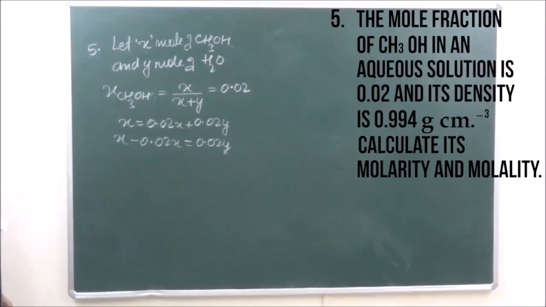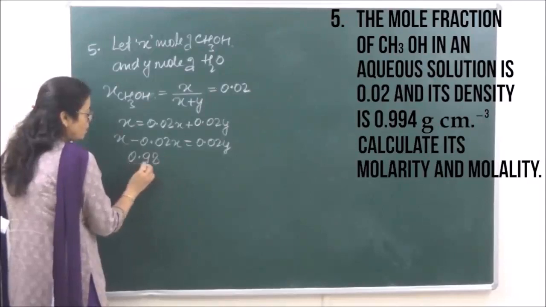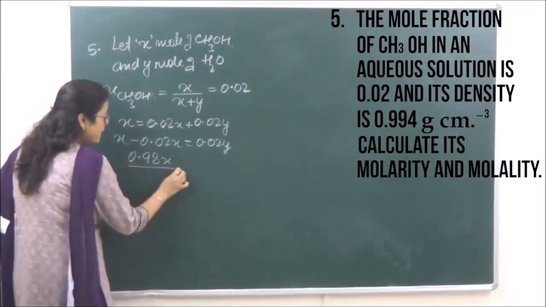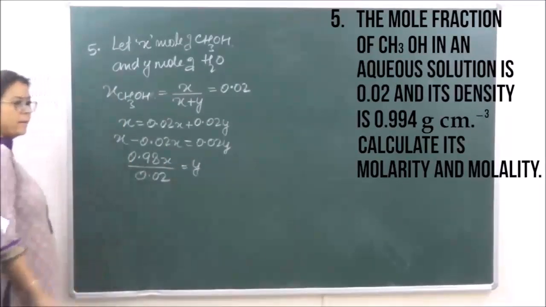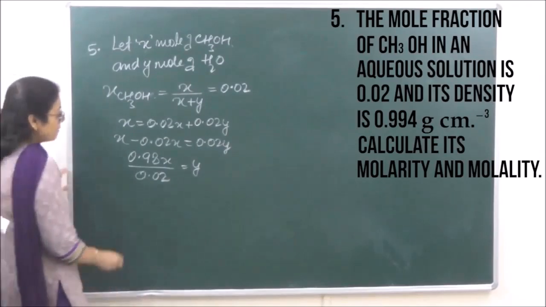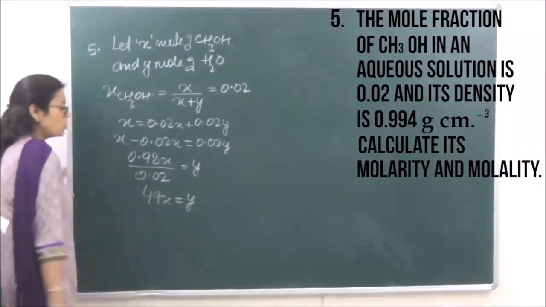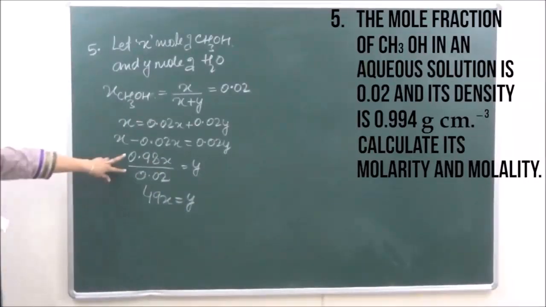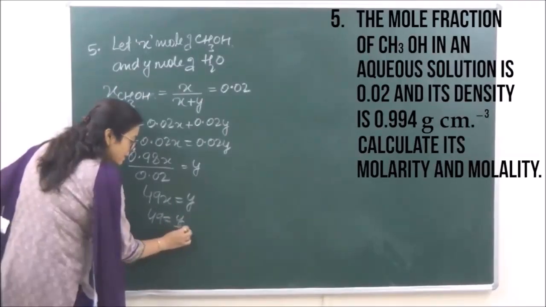So this becomes 0.98X upon 0.02 equal to Y. And this comes as 49X is equal to Y. So Y upon X will become equal to what? 49.